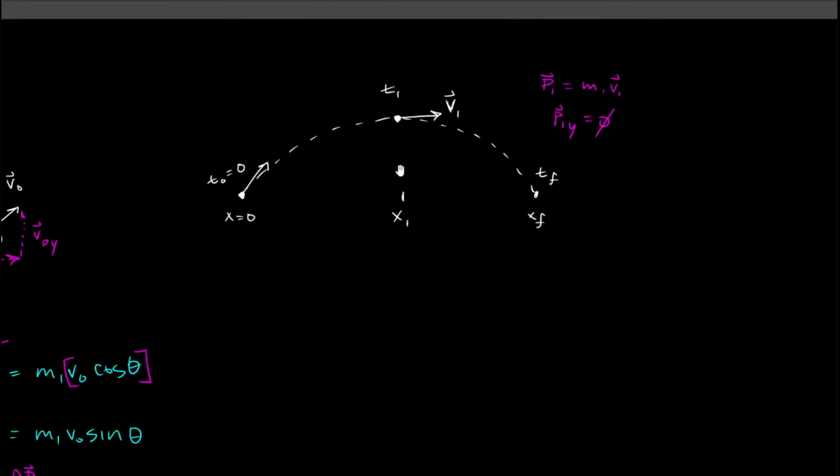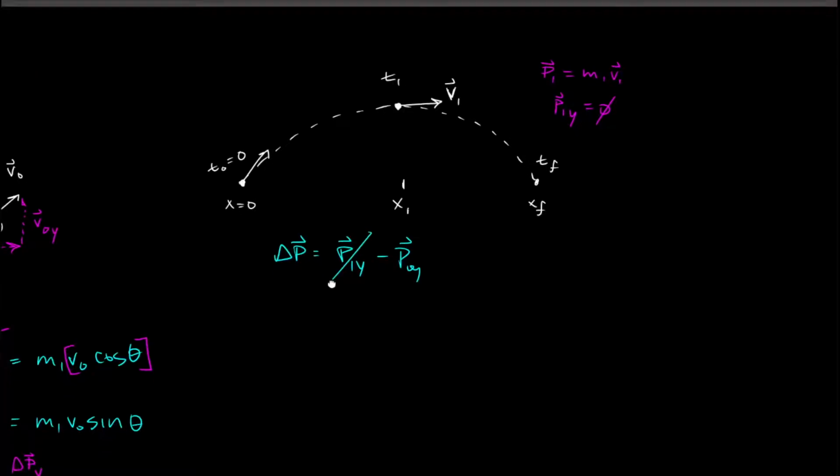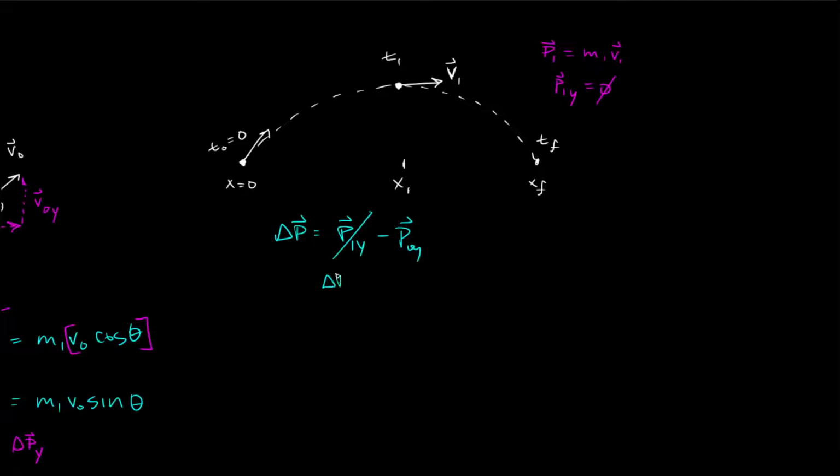Coming back up here, we can calculate our change in momentum by finding our change in vertical momentum. So that is delta P equals P1y minus P naught y. P1y we just found was 0. So delta P as a vector equals P naught y, but in the opposite direction, which is what the negative sign denotes. And the magnitude of delta P is equal to P naught y.